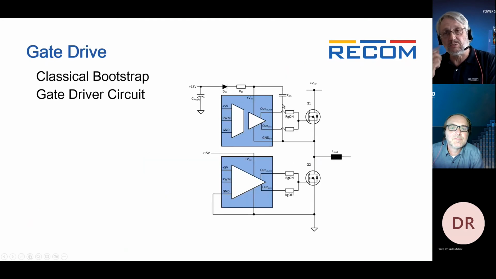Traditionally, it's done through a bootstrap. So you have this classical bootstrap gate driver circuit where you have a diode on the top here and a resistor and a capacitor, and while the switching node is switching up and down at this point here, this capacitor takes some of that voltage and bootstraps its own power supply, which is fine at a lower frequency.